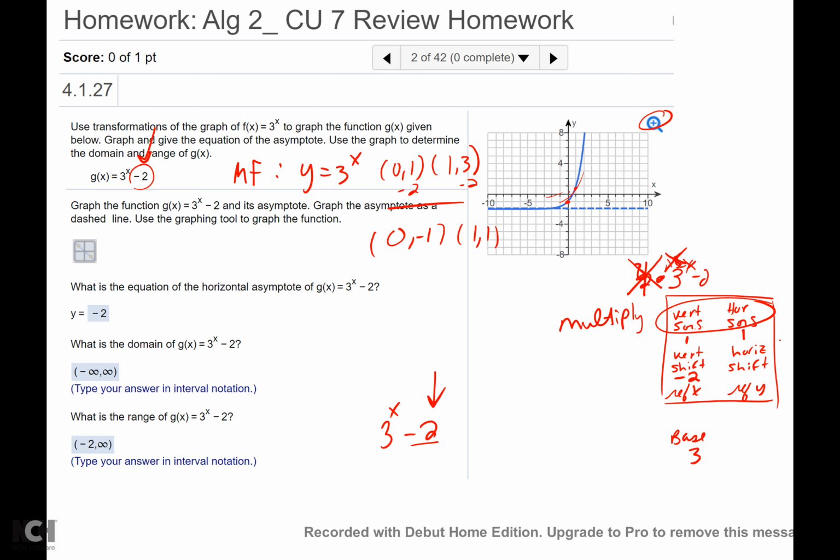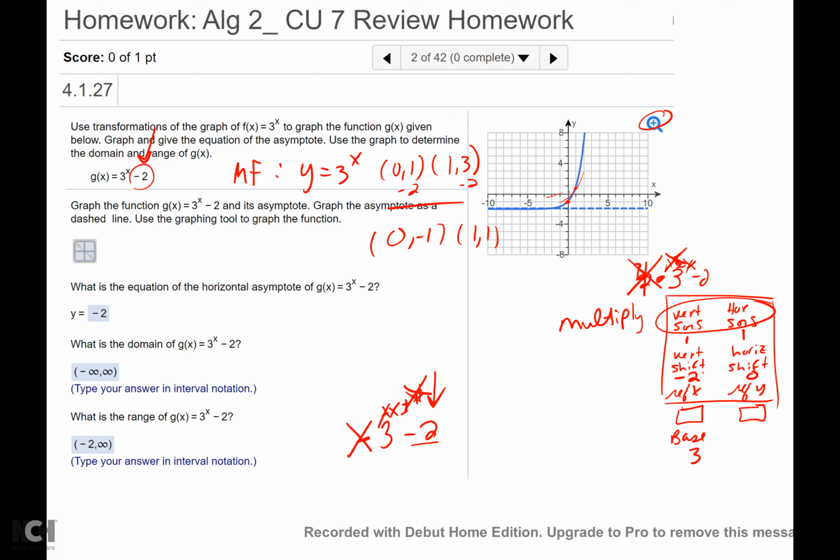And in order for there to be a horizontal shift, there'd have to be something added or subtracted up here, and there's not, so this stays 0. Now, for reflections, you look for negatives touching the 3 or the x. If there was a negative out here, you would check the box reflect over x, but there's not. If there was a negative touching x, you'd check this box, but there's not, so you don't check either one. Okay?